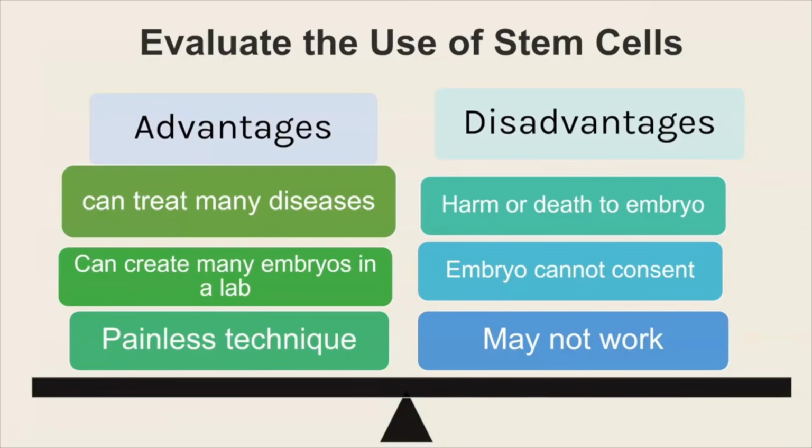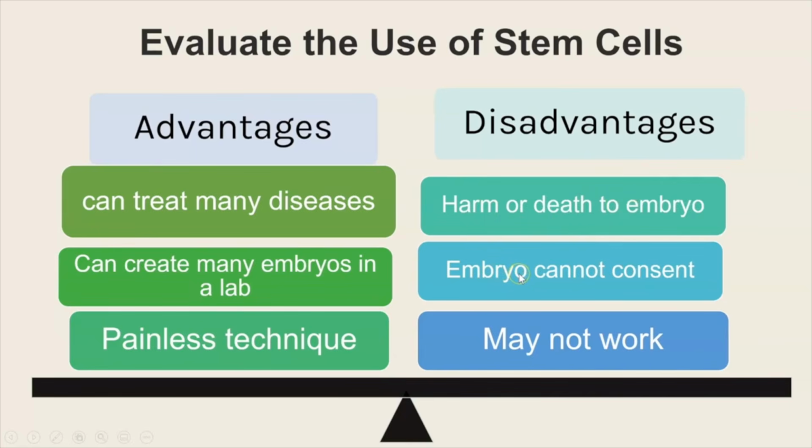Now, there are pros and cons of this idea of using embryonic stem cells. Some of the advantages we've said: you can use them to treat many diseases. You can grow lots of embryos in a lab. And in terms of the embryo, this is a completely painless technique for the embryo. The disadvantages are, though, although it doesn't hurt the embryo, it will cause permanent harm or death of that embryo.